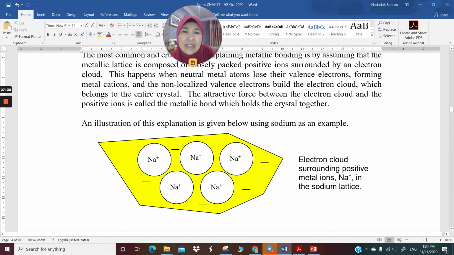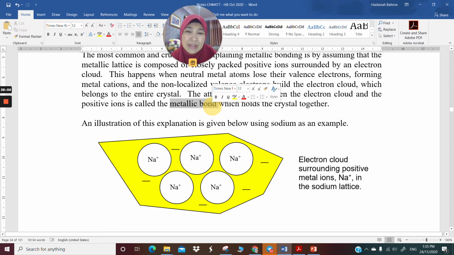This happens when the neutral atoms lose their valence electrons, forming metal cations, and the electrons become non-localized, meaning they don't stay in one place. The non-localized valence electrons build the electron cloud, which belongs to the entire crystal of the metal. The attractive force between the electron cloud and the positive ions is called the metallic bond.